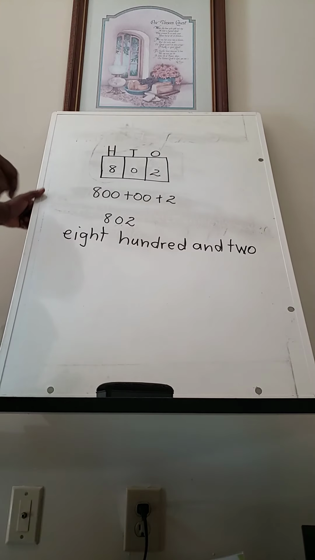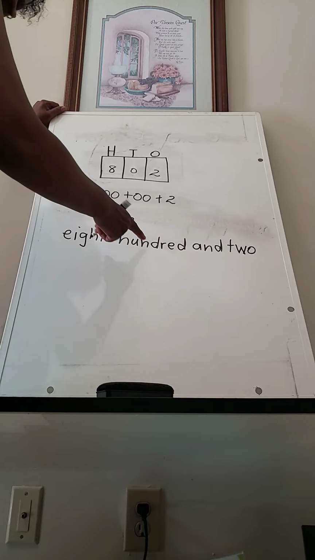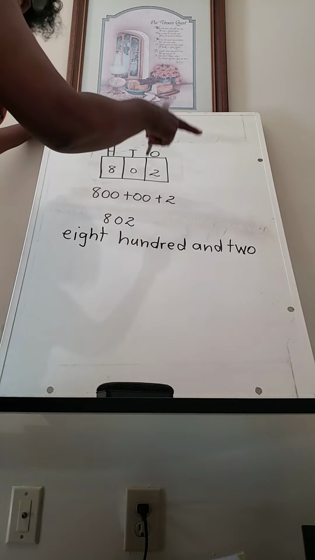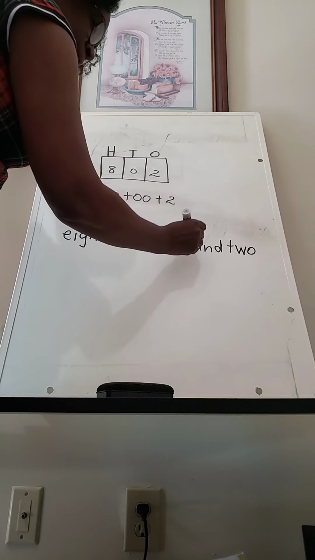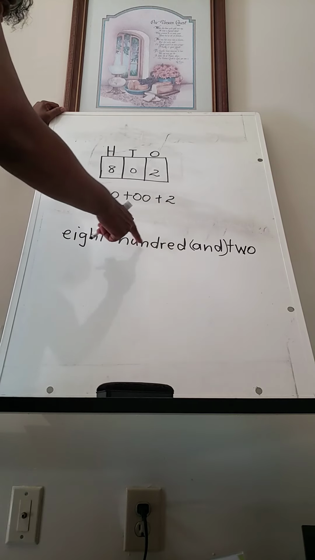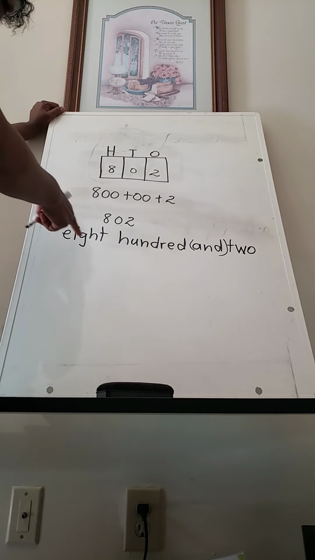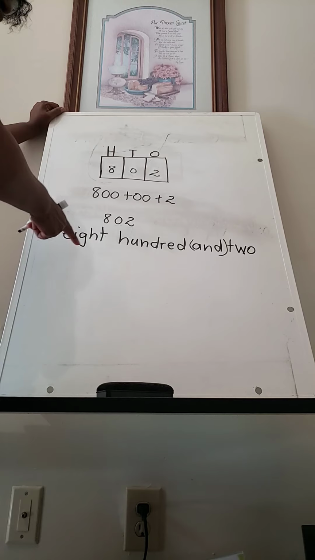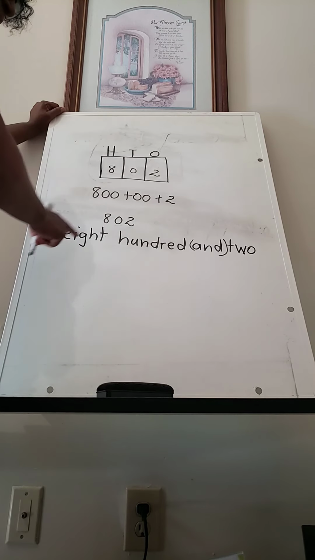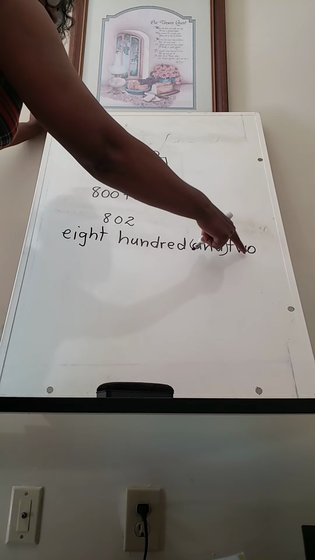But most times when we're saying it, we say 802. Sometimes we do not use the "and" there. Some people will say it without the "and", but actually it is 800 and 2: 800, no tens, 2 ones.